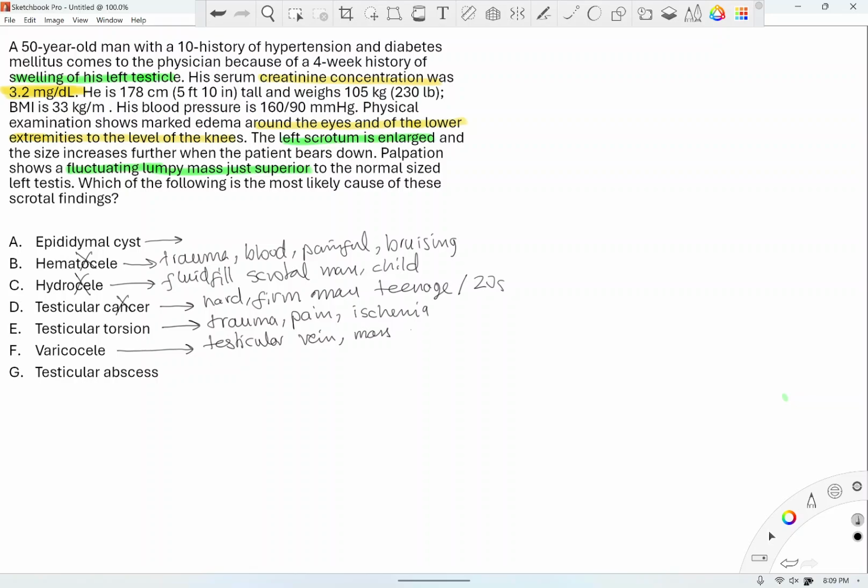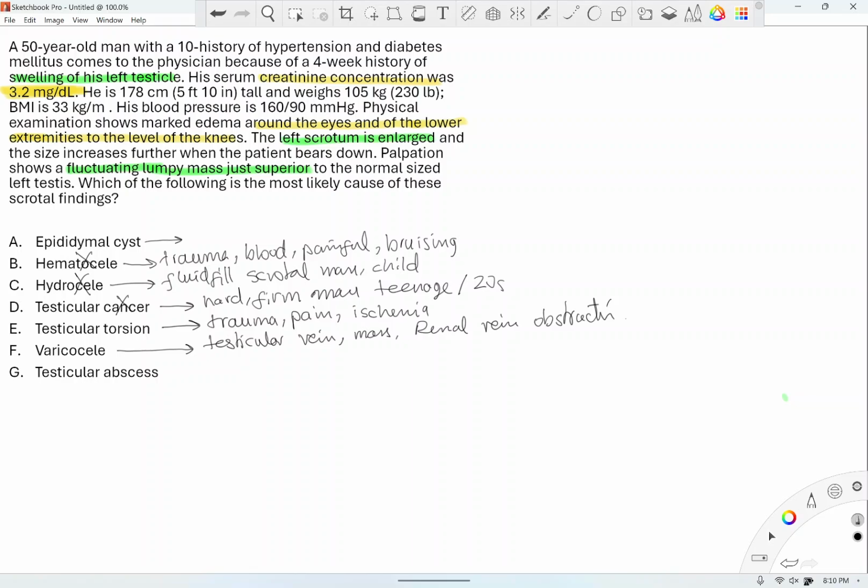One of the common causes of varicocele is renal vein obstruction. I think this will make sense because this person has elevated creatinine.